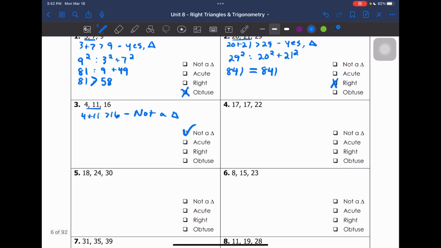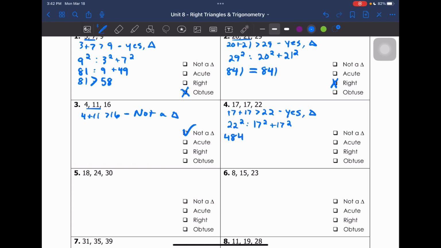Let's try number 4. Our two smaller sides are 17 and 17. When we add those two together, is that greater than 22? It's pretty clear that yes, this would make a triangle. So let's go ahead and see what type of triangle it would be. So 22 squared, and then compare that to 17 squared plus 17 squared. 22 squared is 484.